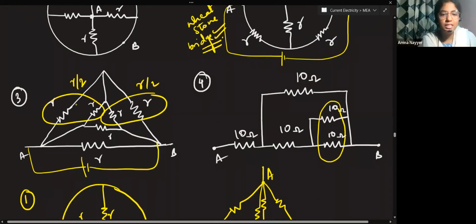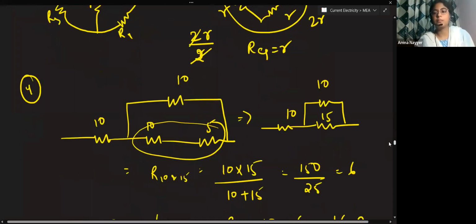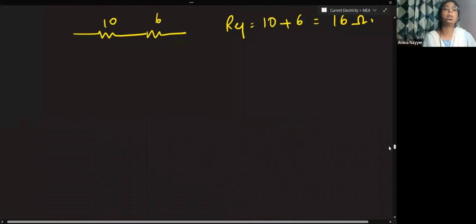See, all of you, both of these will be R by 2, these will be R by 2, and this will also be R by 2. Now see, how does the circuit look? Once you've put in R by 2, this is for the third part.